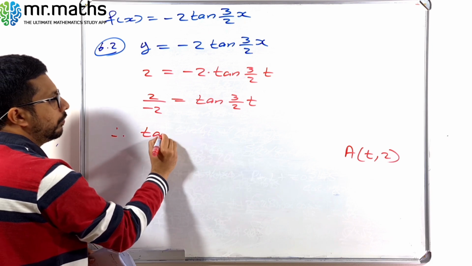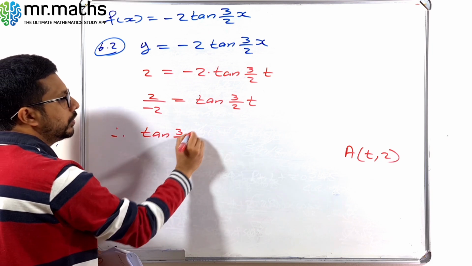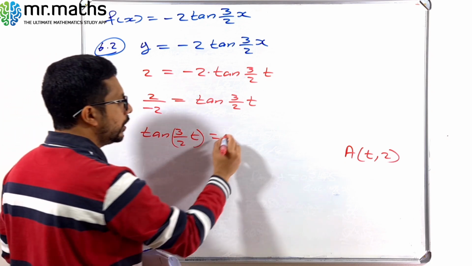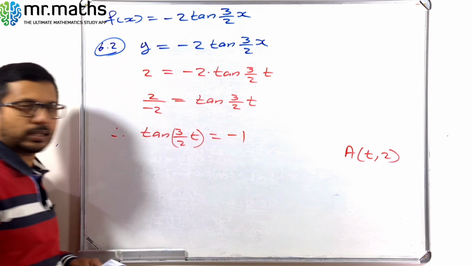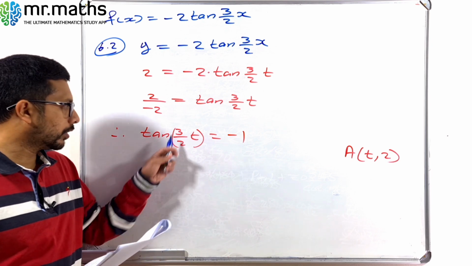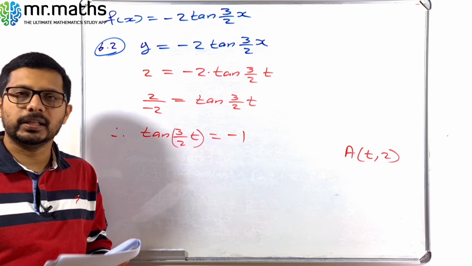Therefore tan of 3 over 2 t is equal to 2 divided by minus 2, which is minus 1. So this is our expression, tan of 3 over 2 t is equal to minus 1.